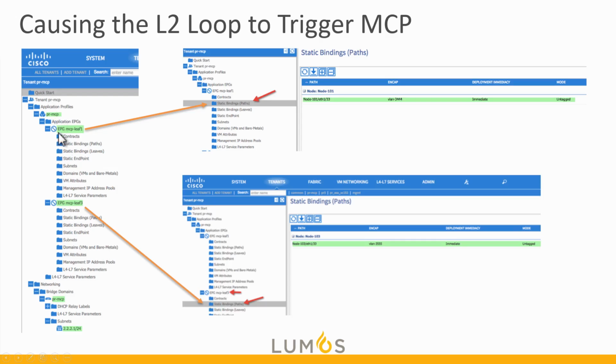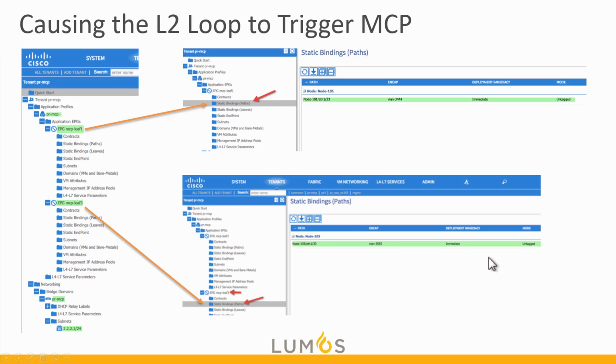And both, it's not pictured here, but both of these EPGs are a part of the same L2 VXLAN bridge domain inside the fabric. So notice the VLAN that we're encapping is VLAN 3444 for MCP leaf 1, but it's untagged. And down here, it's VLAN 3555, but it's untagged.